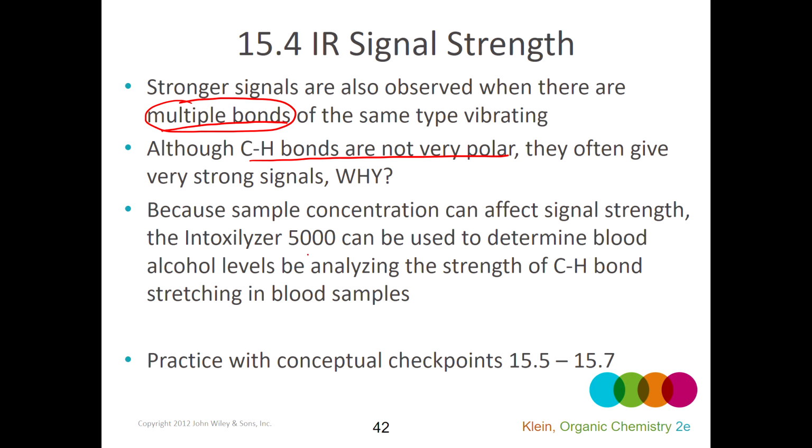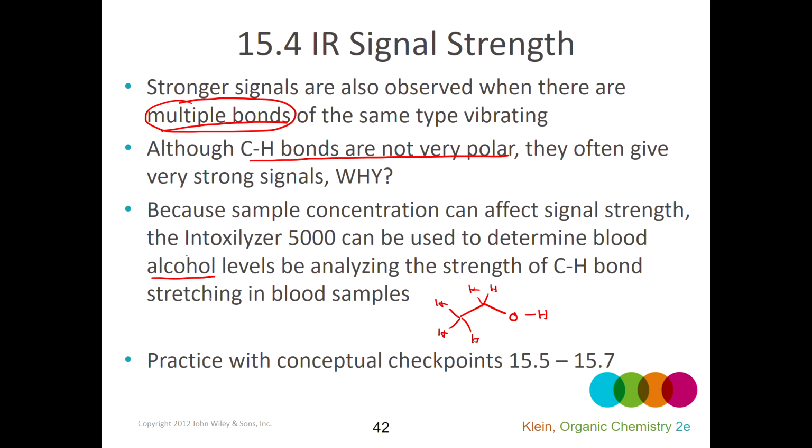And that's how certain breathalyzers work. So if you're driving all crazy on the road and you get pulled over and they do a breathalyzer, they're testing your breath for alcohol. They're looking for a specific IR signal.